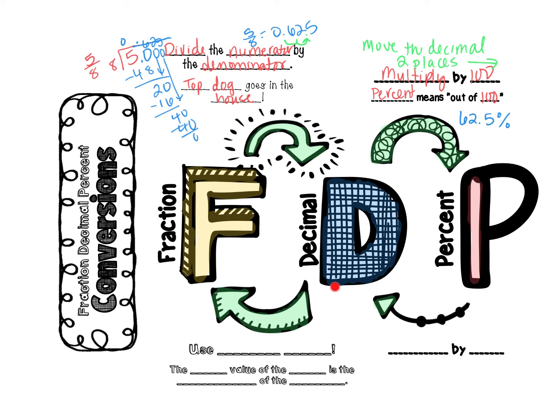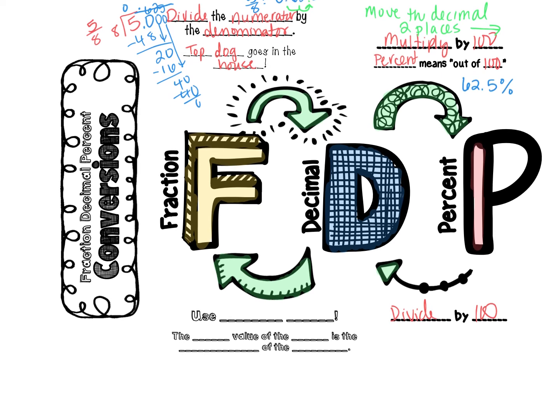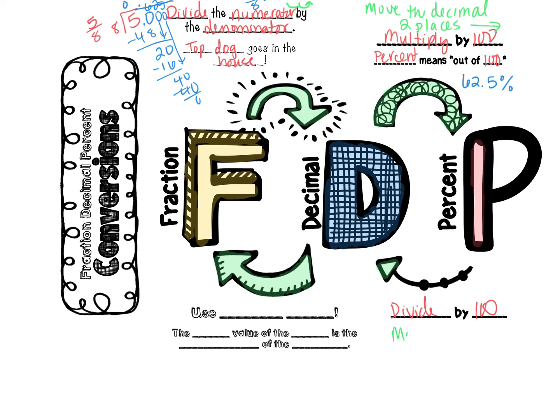Now I'm going this way. What do you think? I'm going to divide by 100. So, in other words, move the decimal 2 places to the left. I'm going from FDP, well, now I'm going from P to D. And which direction is that? P to D is going left. So I'm going to move the decimal place 2 places to the left.